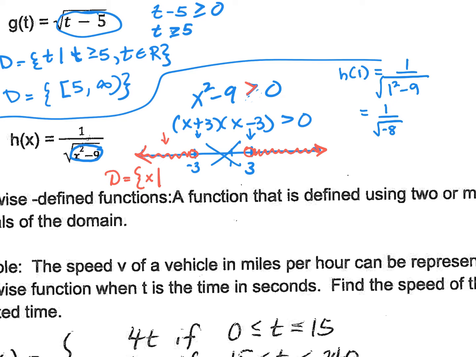Right here, this part is greater than. That would be in between, if it were in between. This is from negative 3 down. Thank you. So it's x is what? Negative 3. Oops, I just did greater than. Less than.